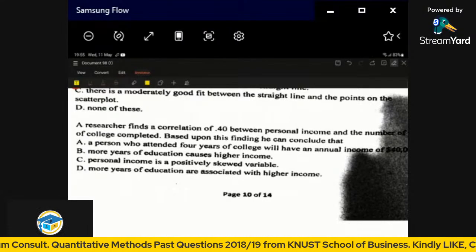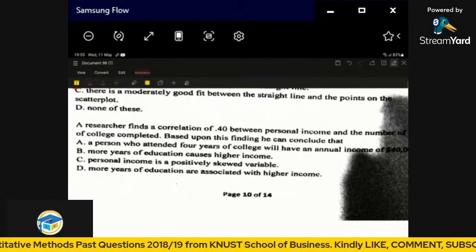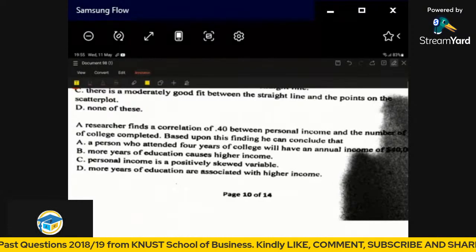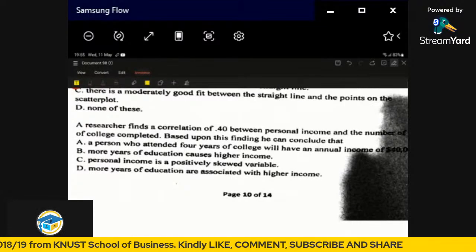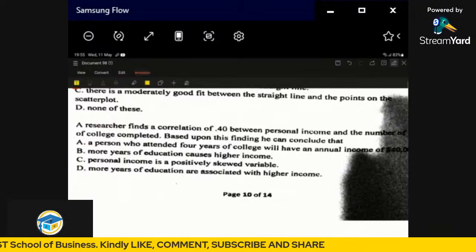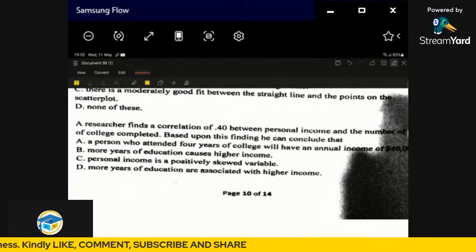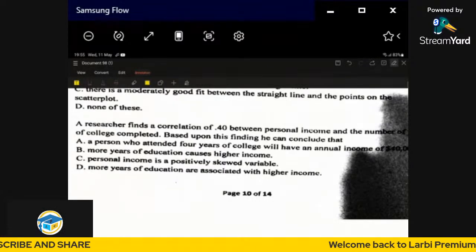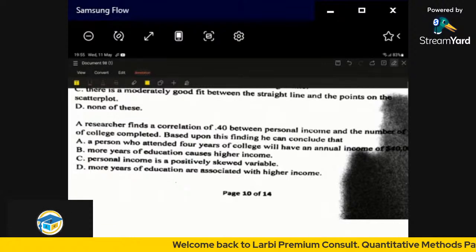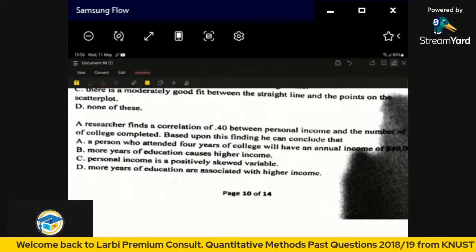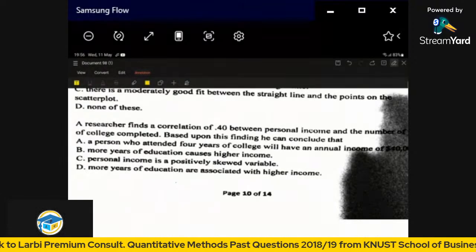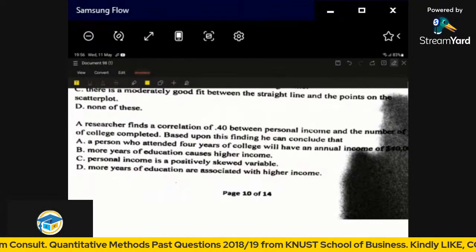Based upon this finding, he can conclude: A, that a person who attends 4 years of college will have an annual income of $40,000. B, more years of education cause high income. C, personal income is a positively skewed variable. Then D, more years of education are associated with high income. So which of them will signify the best explanation out of these findings by this researcher?